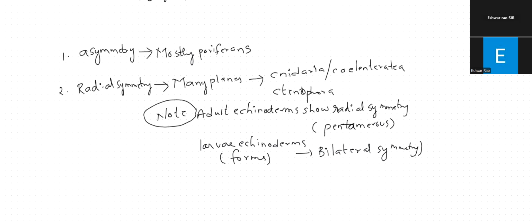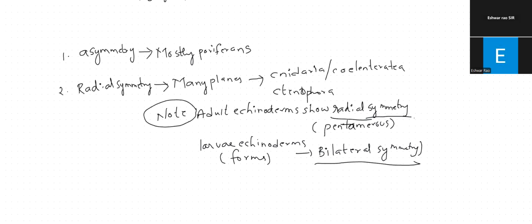When it comes to the adult, it exhibits radial symmetry. A very important characteristic feature of phylum Echinodermata. Adults exhibit radial symmetry, young ones exhibit bilateral symmetry. Keep it in mind, friends.